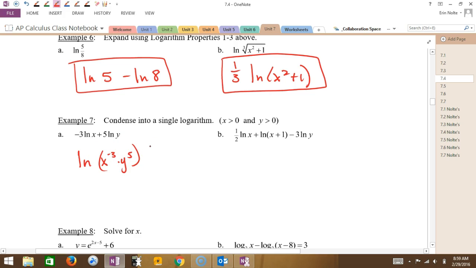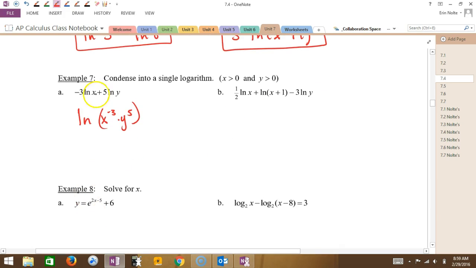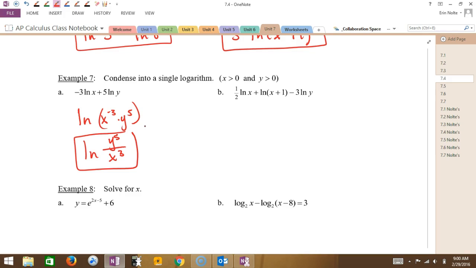Or what happens if I have a negative exponent? You put it in the bottom. Okay, so this is technically more correct to say y to the 5th over x to the 3rd. And really, that actually makes sense in terms of our properties. Okay, it's technically the product property or the quotient property where you're subtracting. Anything that is subtracted just simply gets put into the denominator. Added goes to the top.